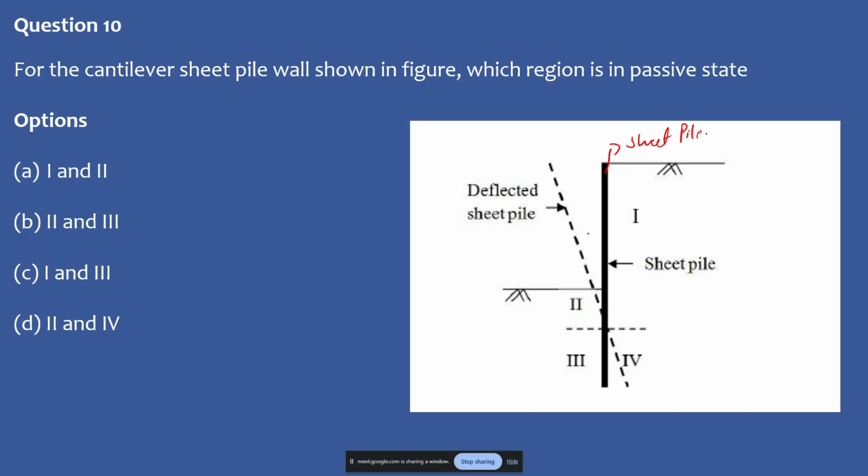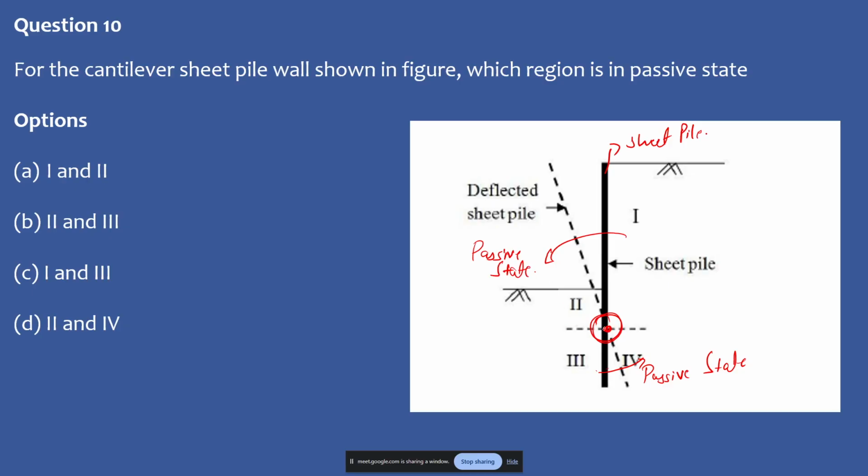When it is subjected to a certain load, if we see this particular section, since it's rotating about this point of rotation, when your pile will move towards the soil, as you can see this section is moving towards the soil, so this is your passive state, and this part is also moving towards the soil, so this is again the passive state.